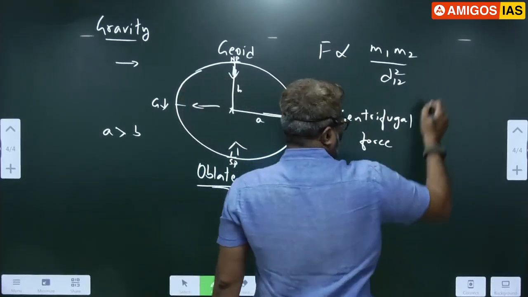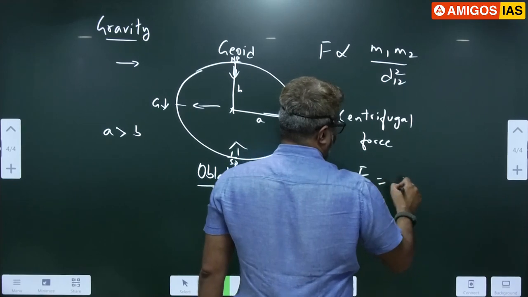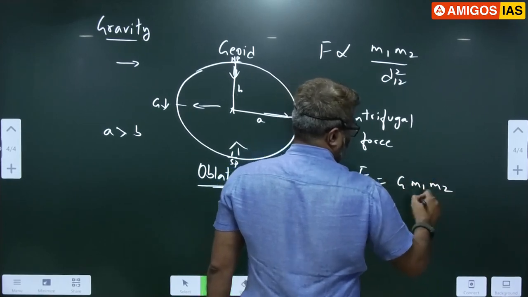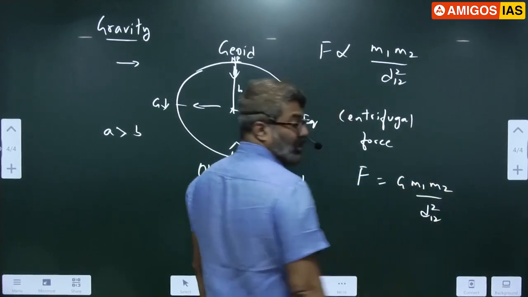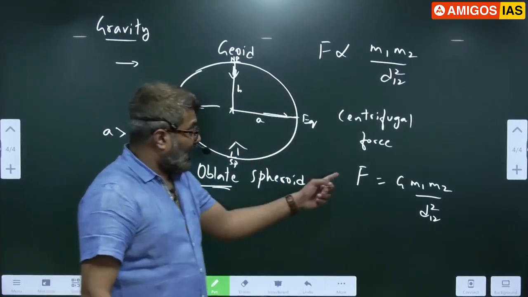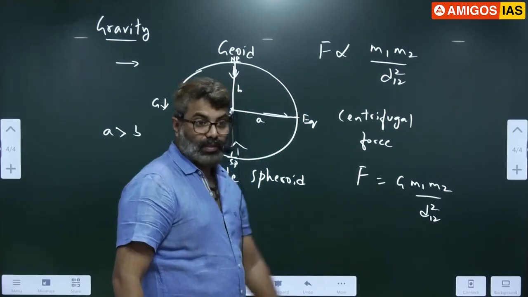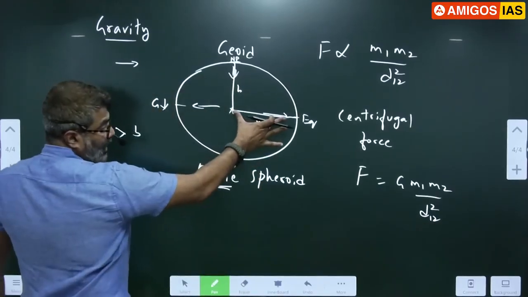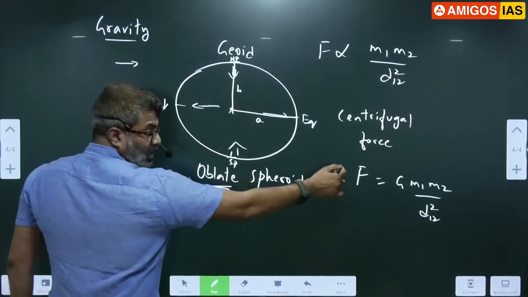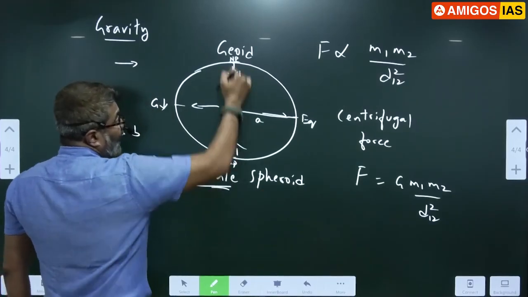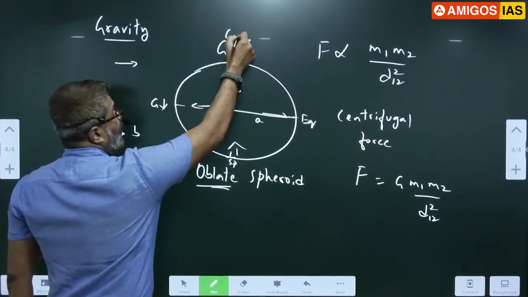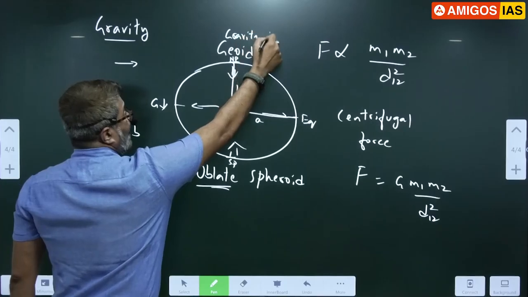So if you introduce the constant like this, gravitational force is inversely proportional to the distance. Correct. You can notice this. Here the distance is high, so gravity will be low. Here the distance is less, gravity will be higher in the polar region. So the polar region tends to have higher gravity.